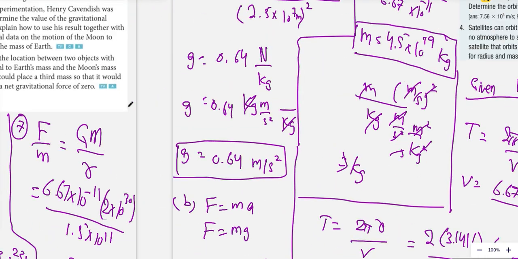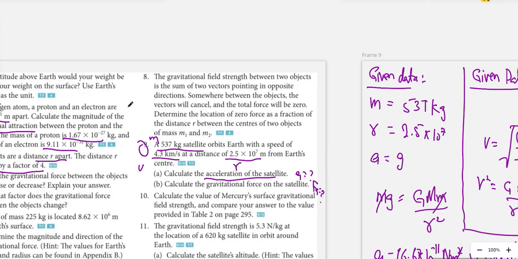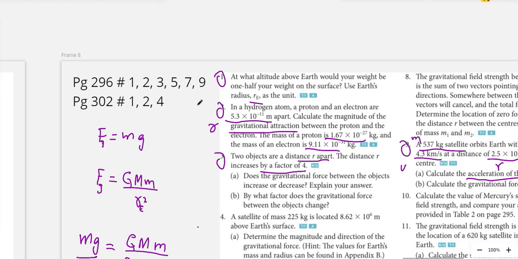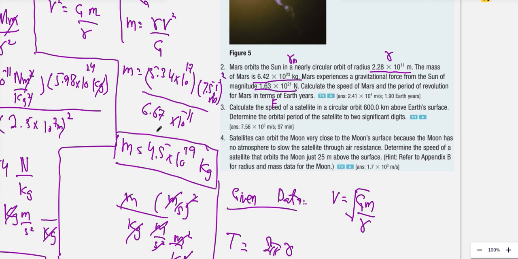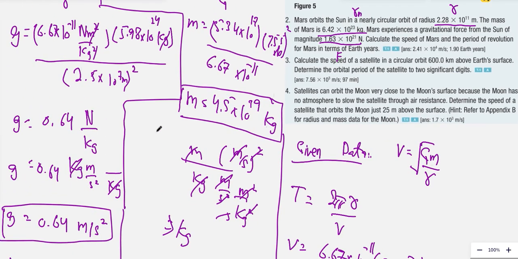Now moving to the last question for today's homework, which is question number 4. Satellites can orbit the Moon very close to the Moon's surface because the Moon has no atmosphere and there is no air resistance.